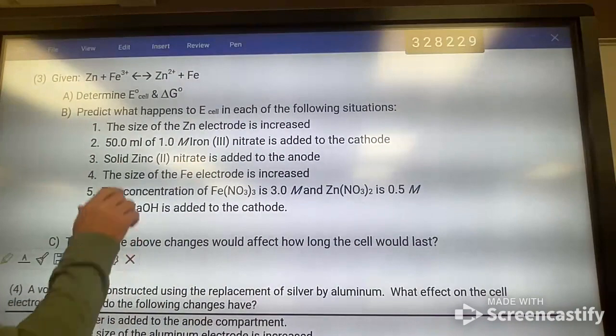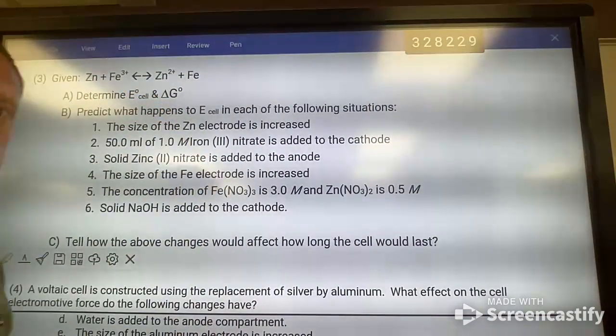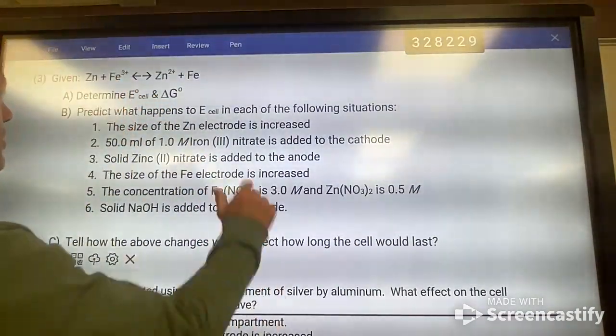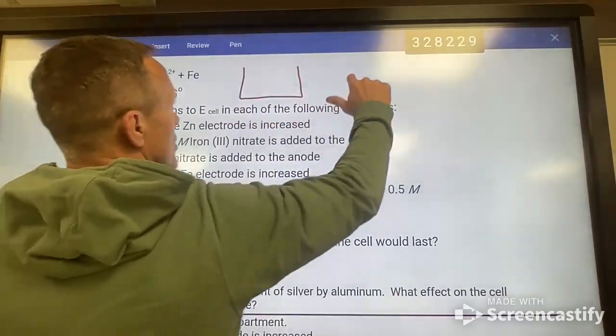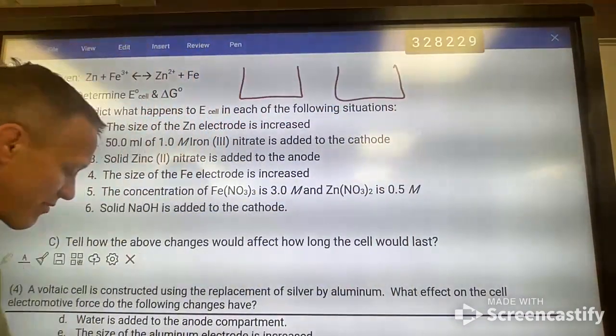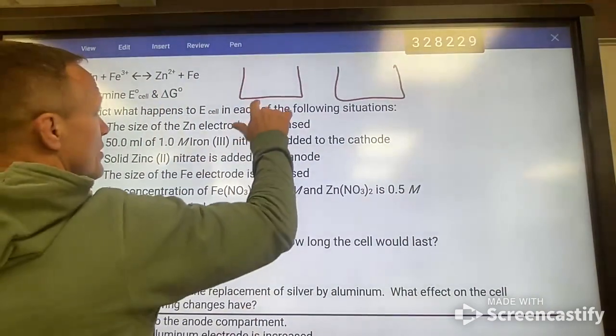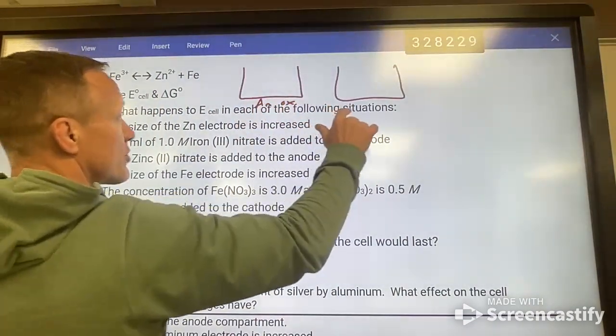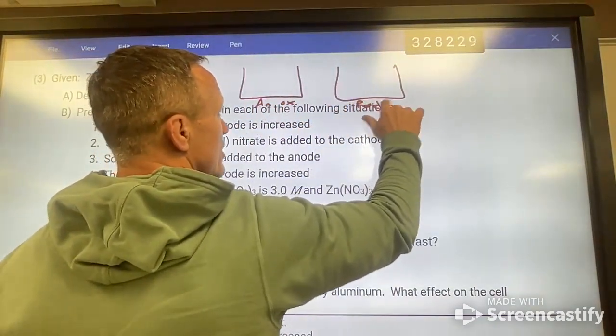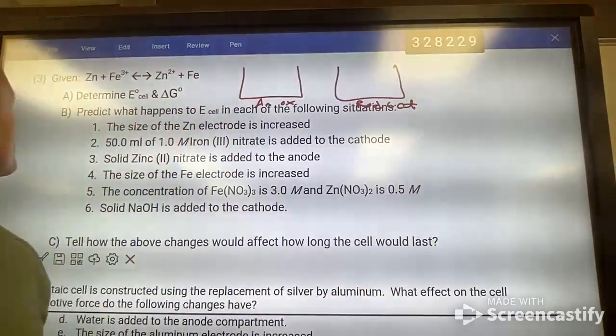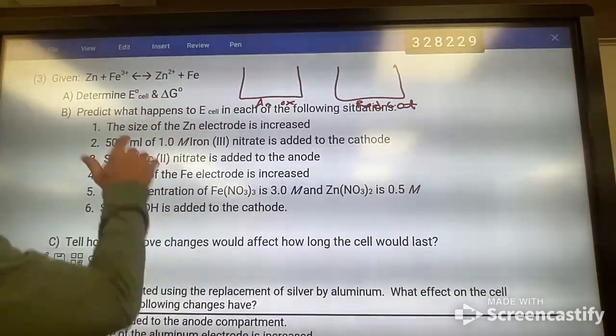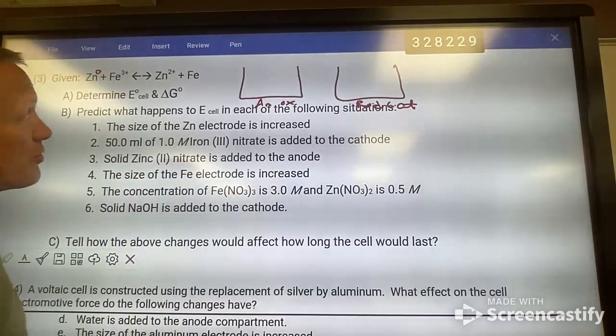So given this reaction, if we think about this as a cell, anode and a cathode, I'm going to make this my anode. Remember, oxidation occurs there, red cat. Really what we'd have here is zinc going from a 0 charge to a +2, so that's being oxidized.